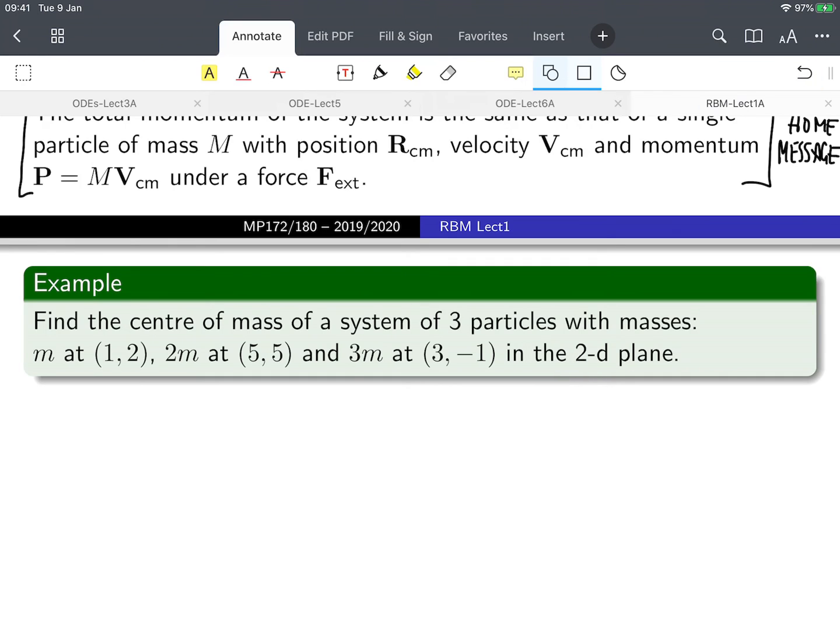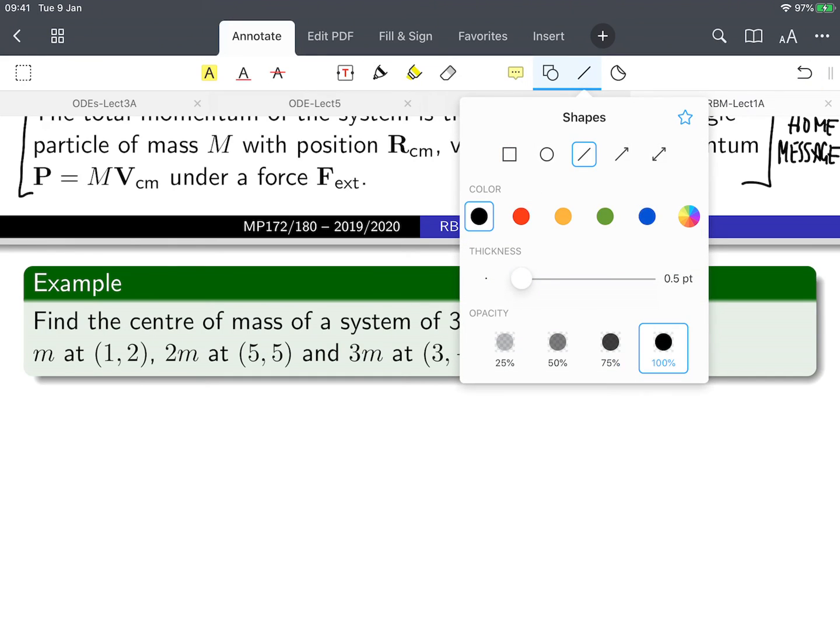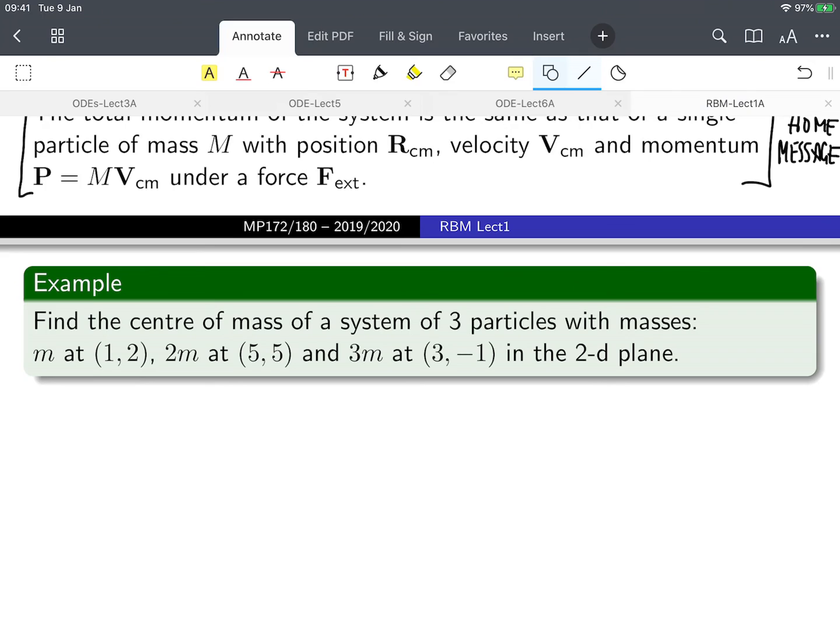So, yeah, 1, 2, 3, 4, 5. The first one is here. The second one is at (5, 5).